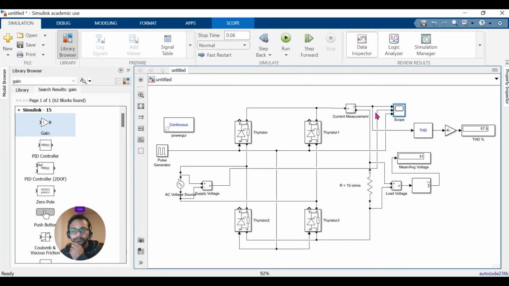Okay, so basically by changing the firing angle, we can increase or decrease the average output voltage, and also the total harmonic distortion will change.